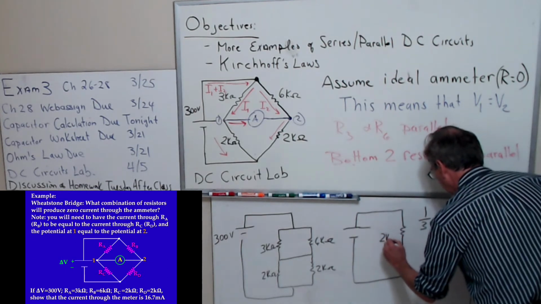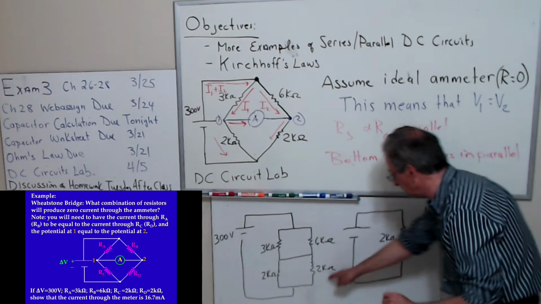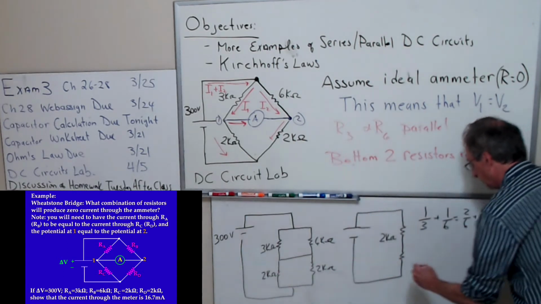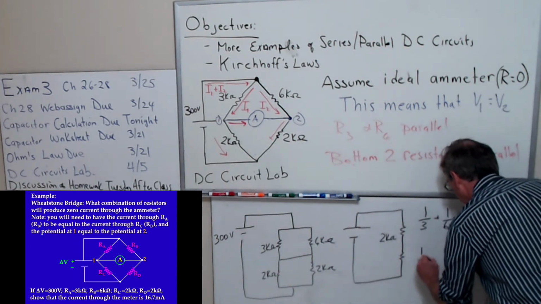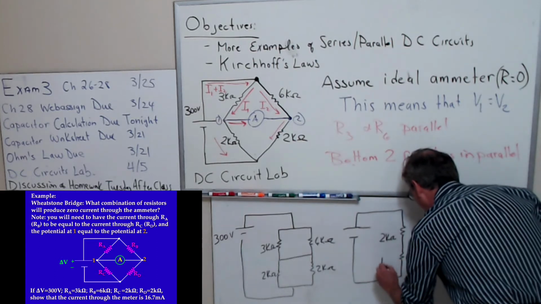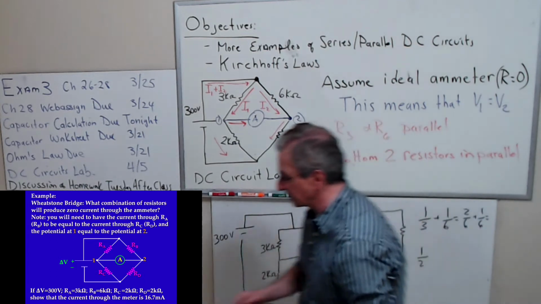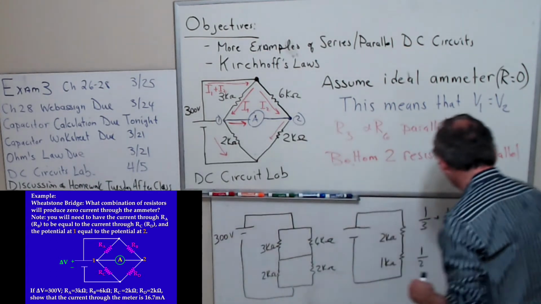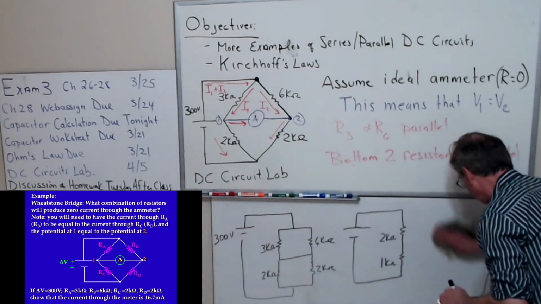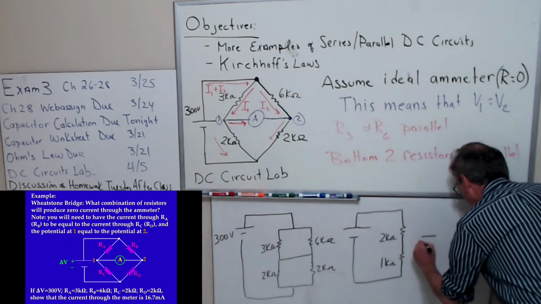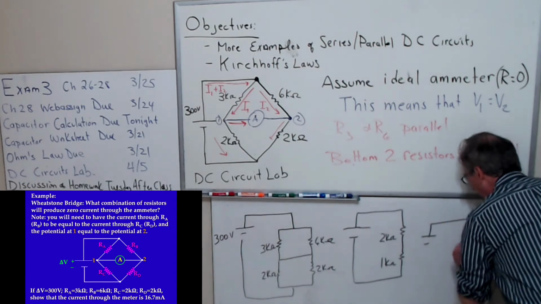Good. And when you combine these two, what do you get? 1. Okay. So my equivalent resistance of the circuit is what? 2 plus 1 is? 3. Okay, 3 kilo ohms.